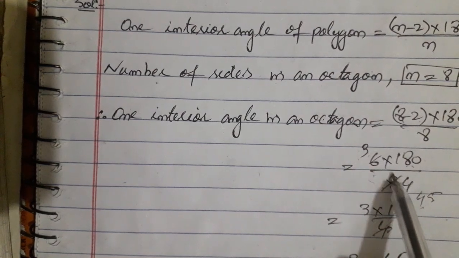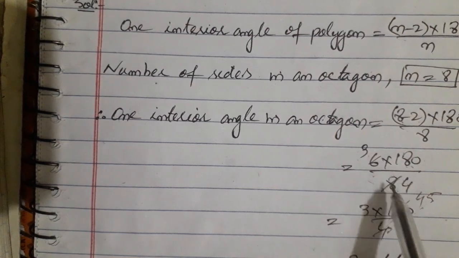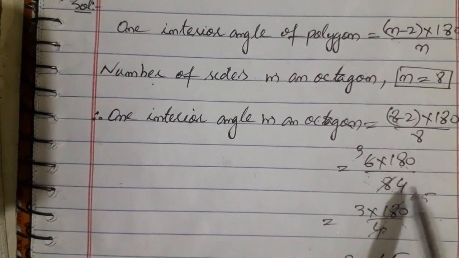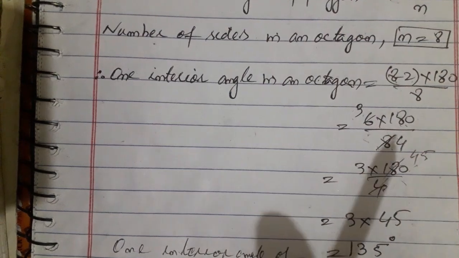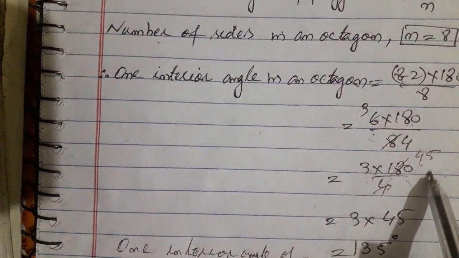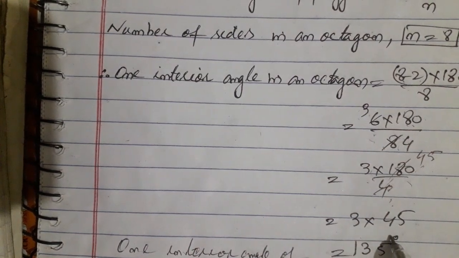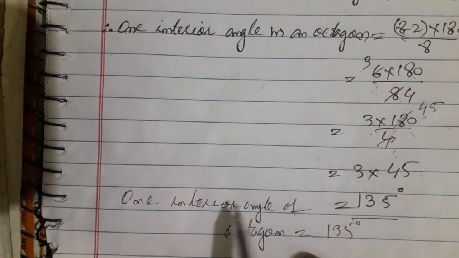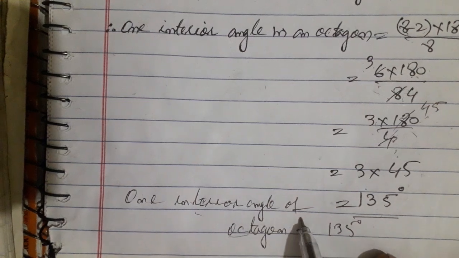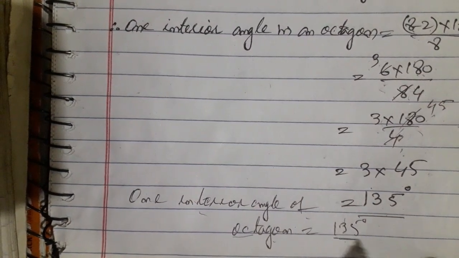If we have no calculator, we can simplify by the same digits, 3 into 45 over 4, 3 into 45. So one interior angle of an octagon is equal to 135 degrees.